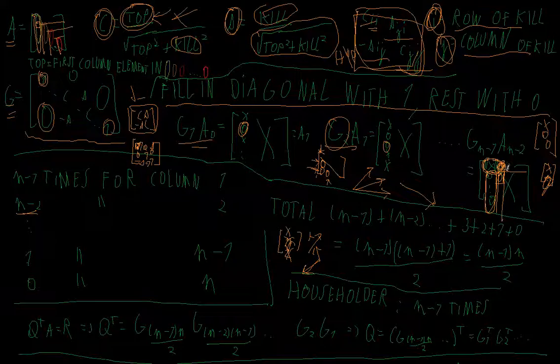So if at the beginning you have n elements in this column vector, and you don't consider one element because it is outside of the submatrix, and not another one because it is the first element, the element we don't want to eliminate, but we kill everything else, we will do it n-2 times. And then for the next submatrix, you will do it n-3 times, until you reach your 2 by 2 submatrix, where you will do it one last time.